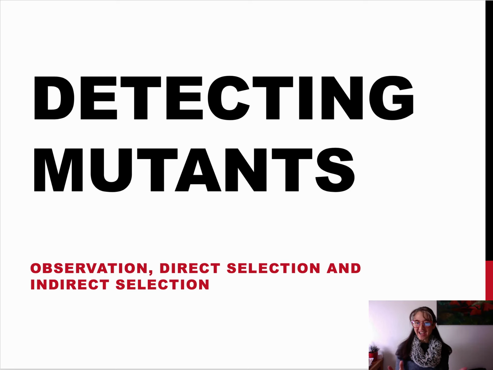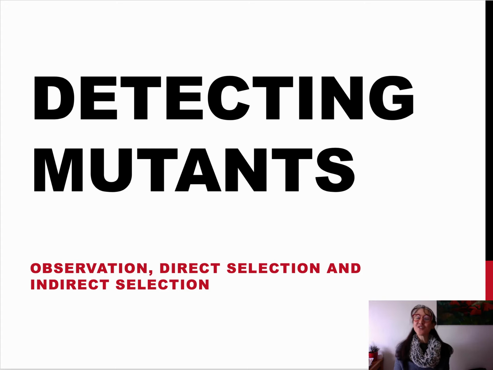So there are different ways depending on what kind of mutant you're trying to hunt. For example, if we are working with Micrococcus luteus, now remember when you looked at Micrococcus luteus on the plates, it was bright yellow. If you wanted to find an albino mutant of Micrococcus luteus, you could do that by simply observing it.